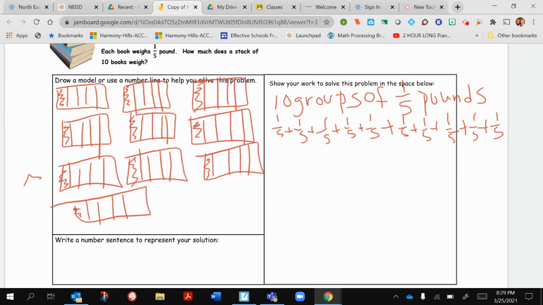I think that's 10, right? 2, 4, 6, 8, 10. And then what does that equal? Yeah, very good. I have 10/5.